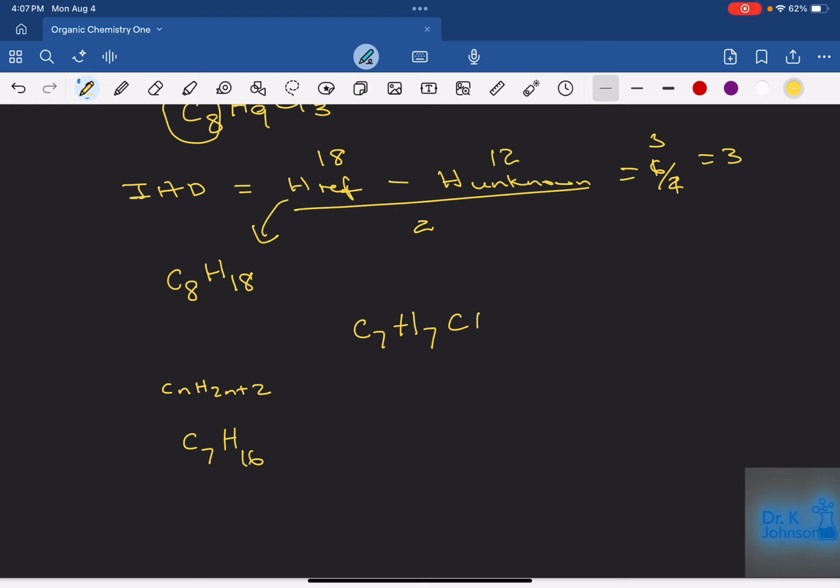So the IHD here is equal to 16 minus, the number of hydrogens in my unknown, which is 7, and I only have 1 chlorine, right? So 7 plus 1 is 8, and 16 minus 8 is 8, and you divide that by 2, which is equal to 4.